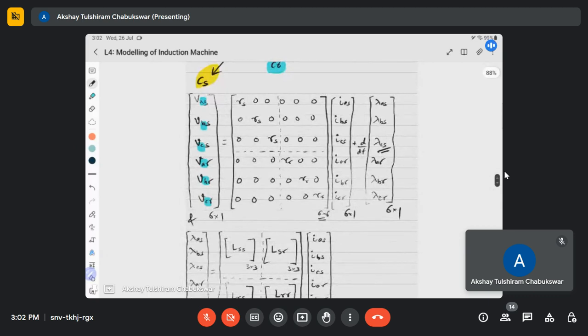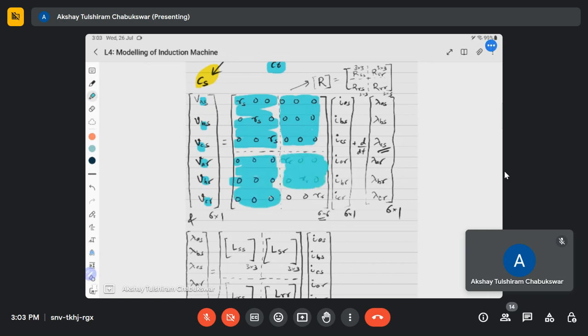So this whole big matrix is called the capital R matrix, which can be represented as sub matrices RSS, RSR, RRS, and RRR, and each of them is 3 cross 3. So here you can see this is RSS, and this one is RRR.